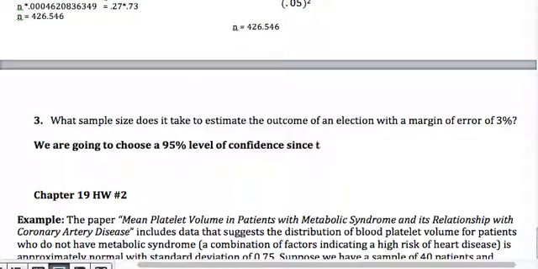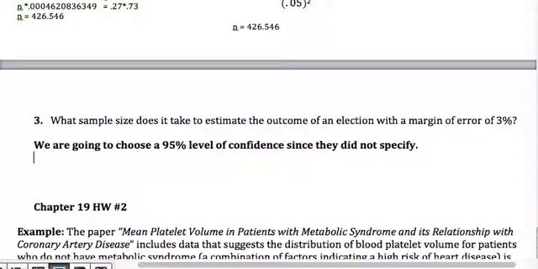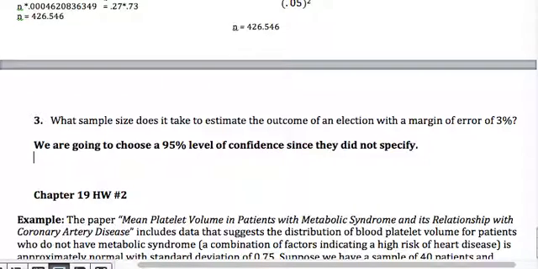Since they did not specify. Okay. Alright, that means what is Z star going to be? I know Z star then is, you guys tell me from yesterday if you remember or look it up again. 1.960, yes sir. So Z star is 1.960.